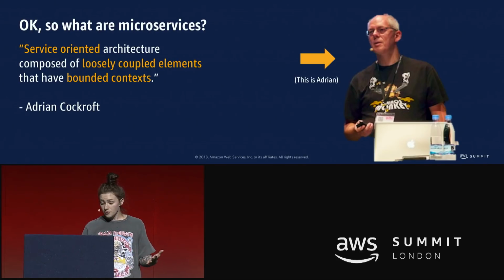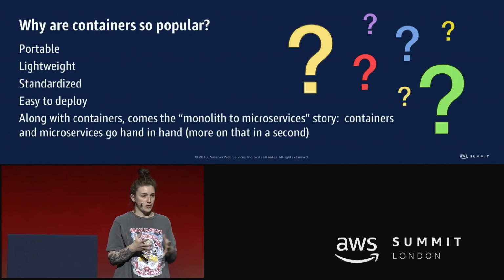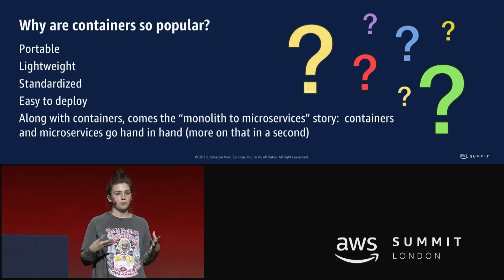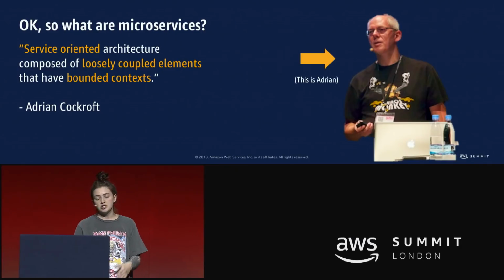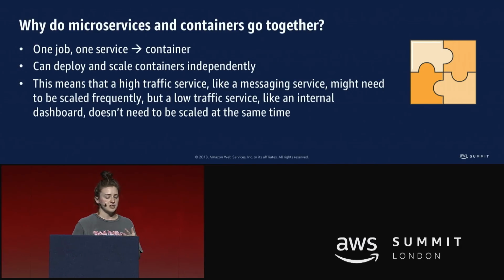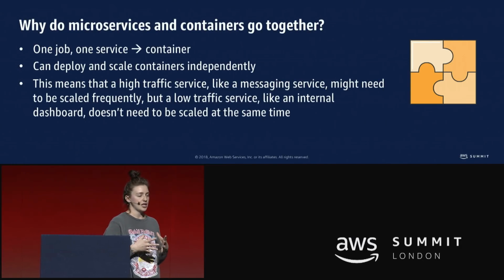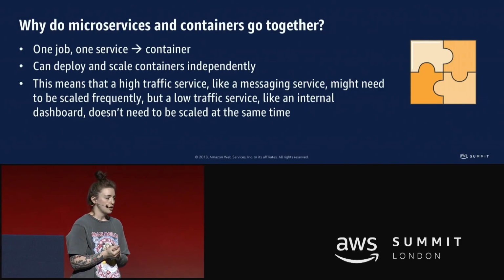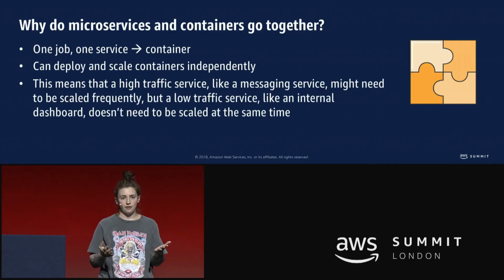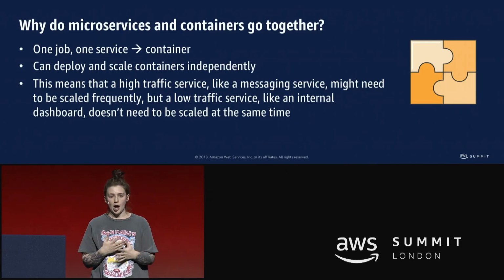Containers themselves are really powerful, but there's not much to them. All they are is a wrapper around the process that you're using. You have your libraries, your binaries, everything's all in that one little piece. And you're seeing people move to containers because it enables them to do something they couldn't necessarily do in the same way before. Previously, if you wanted to deploy your monolith, you had to have one server for each copy of your monolith.